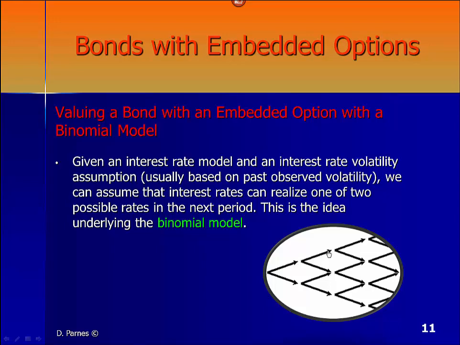So up again will be called up-up, and the down over the second year will be called up-down. Why? Because first you have up and then down. This is how we mark those interest rates to be able to keep tracking them. So up-up, up-down, down-up, down-down, and so on and so forth.